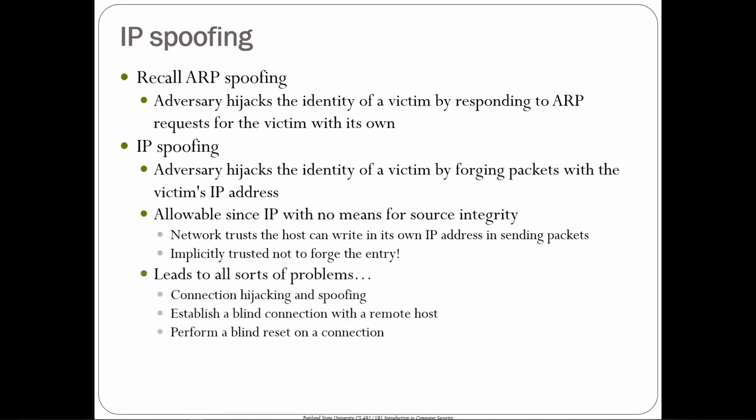And this ends up leading to connection hijacking, connection spoofing, able to establish blind connections with a remote host, where you're going to fake a connection between a victim and a remote host when you're not even in their network. That's what blind connection spoofing is doing. Or you can blindly reset a connection.